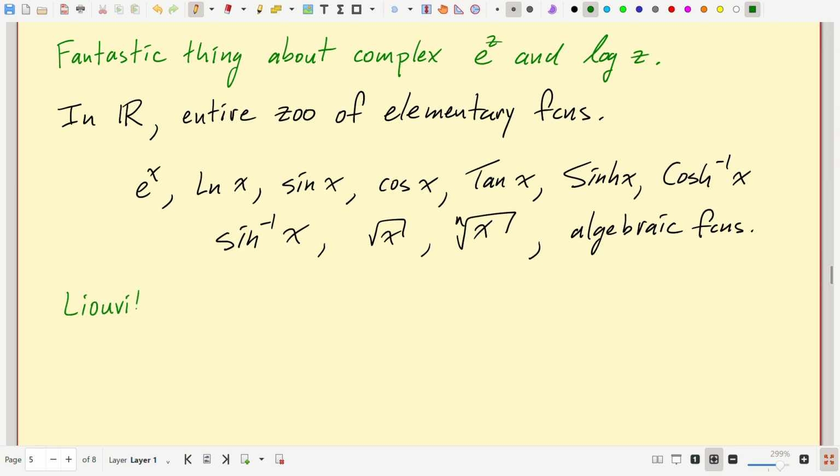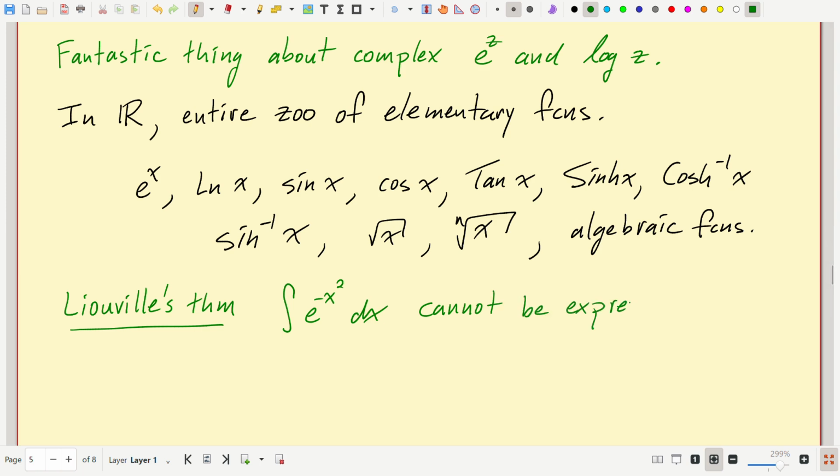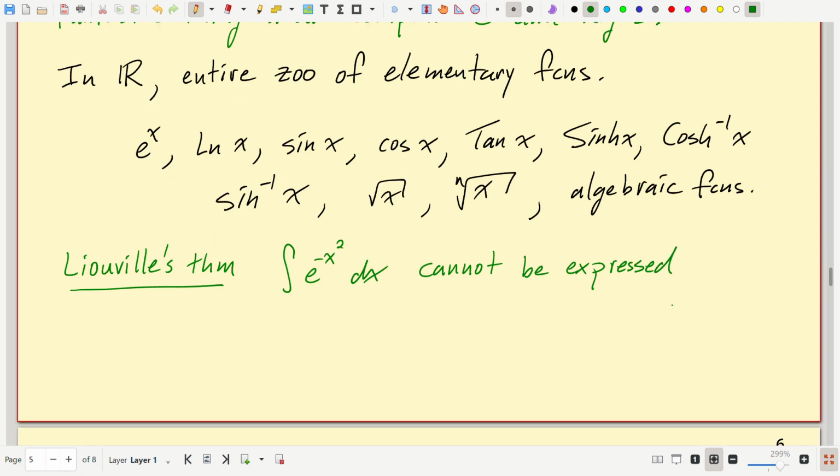There's a famous theorem, Liouville's theorem: the integral of e to the minus x squared dx cannot be expressed in terms of elementary functions. And you wonder how in the heck did Liouville figure that out so long ago?